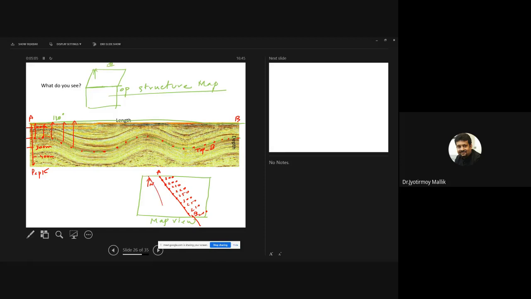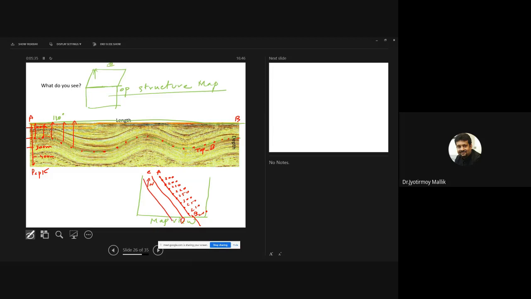And then suppose I have one 2D line, then I have another 2D line. Say suppose this is CD.